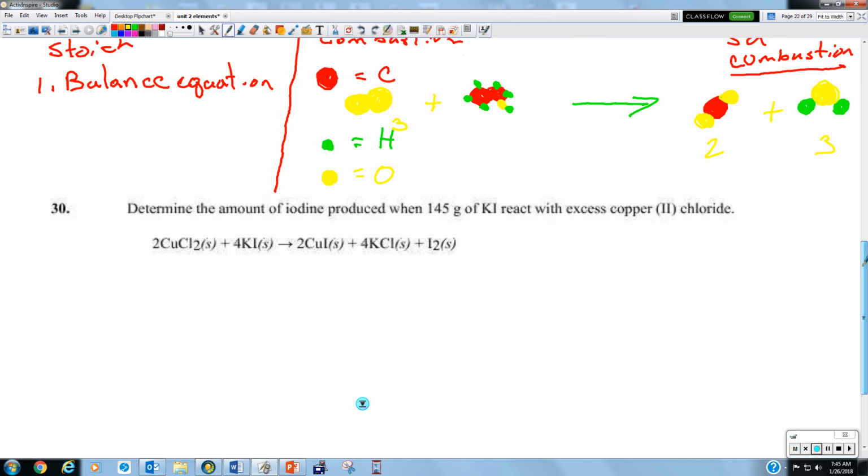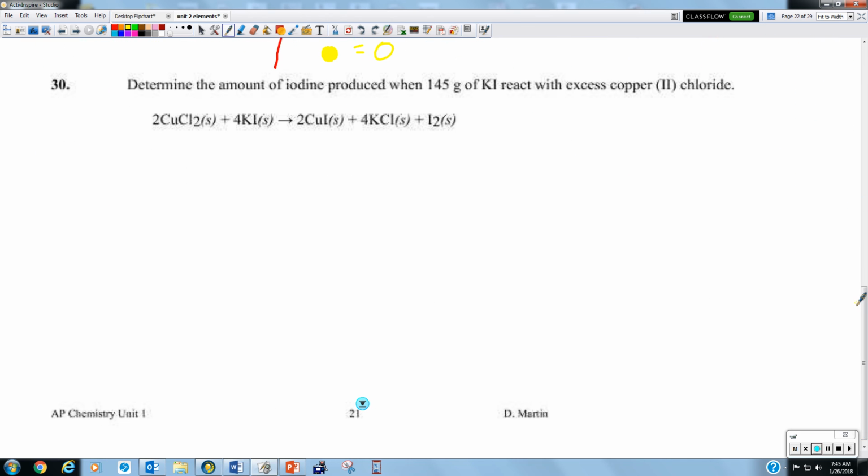Now, getting into the stoichiometry part of it, just taking it step by step to refresh our memory. It says determine the amount of iodine produced when 145 grams of potassium iodide reacts with excess copper 2 chloride. A couple of things to remember when we're looking at this equation.